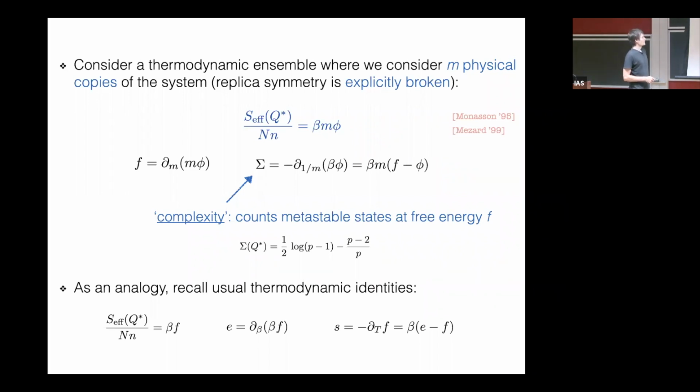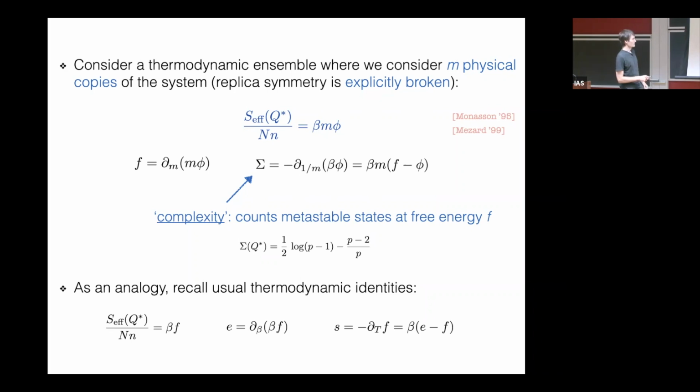Now in this ensemble where this conformal solution exists, we similarly treat M like a fugacity for the free energy F, and the quantity that you get here, the sigma, which is the thermodynamic conjugate to M, is called complexity. So it's an entropy-like quantity that counts states, but in this slightly different ensemble where M is a parameter. And the states that it counts are all these metastable states in this free energy landscape.